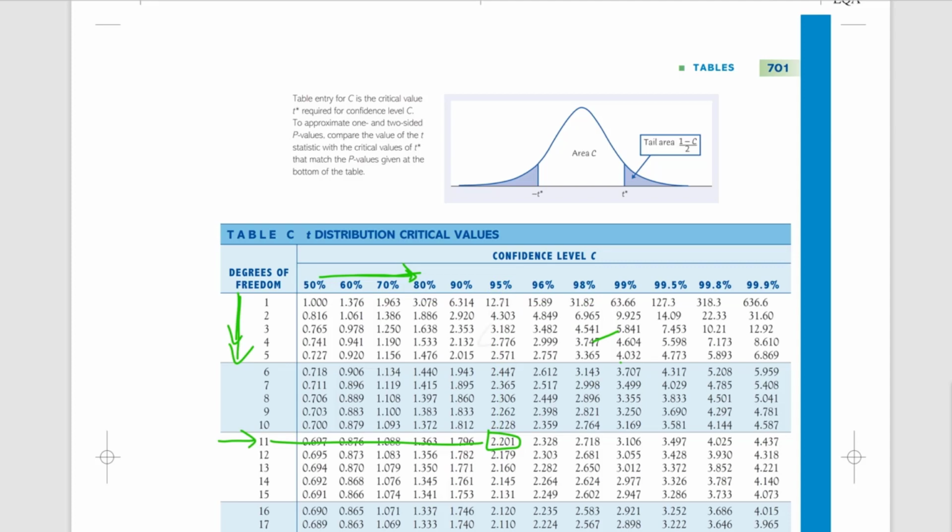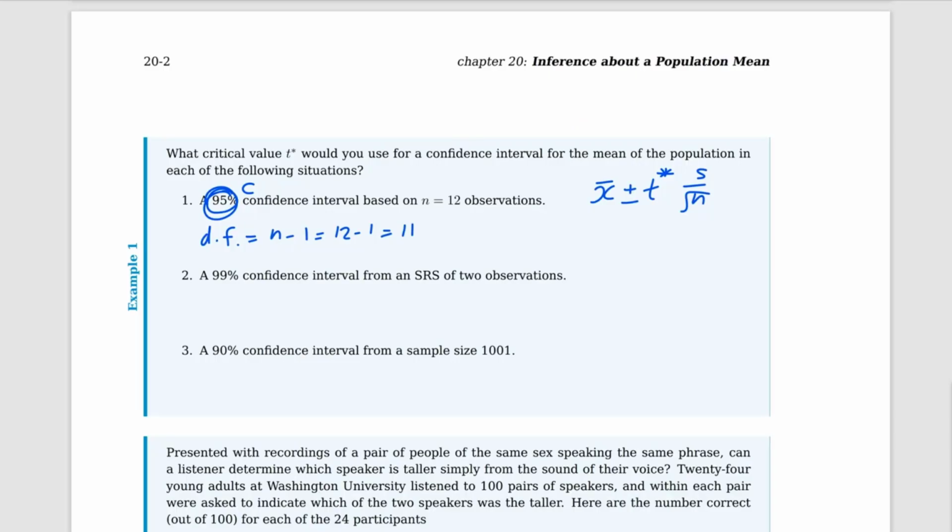For our case, t star is 2.201. So that is the t star. That's the way we find the t star.